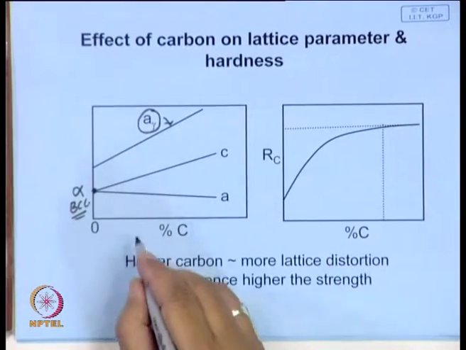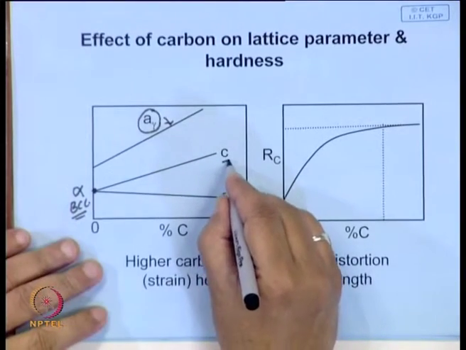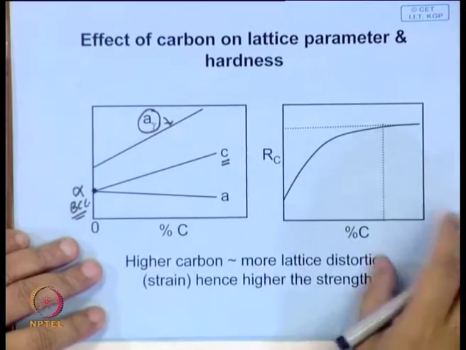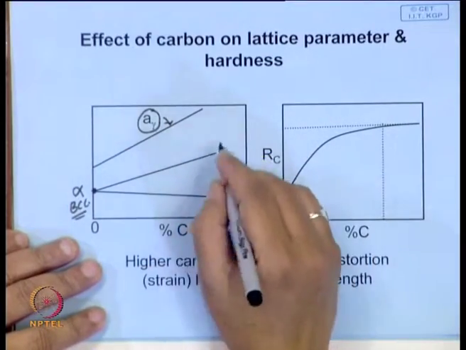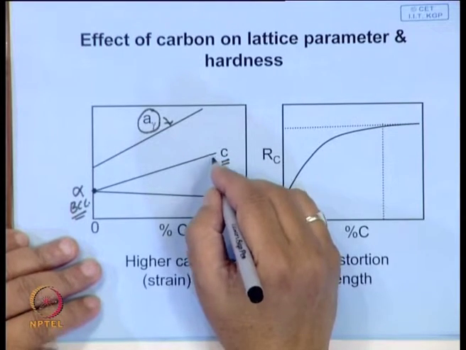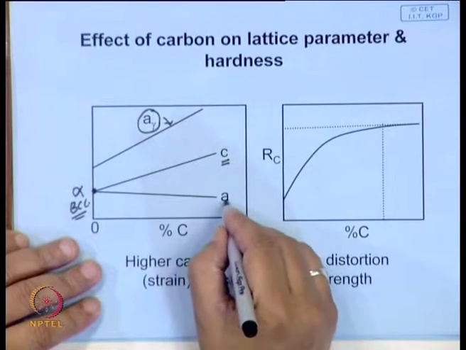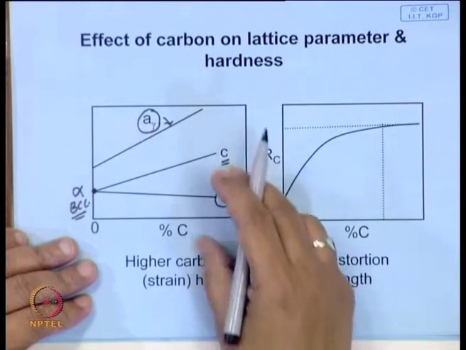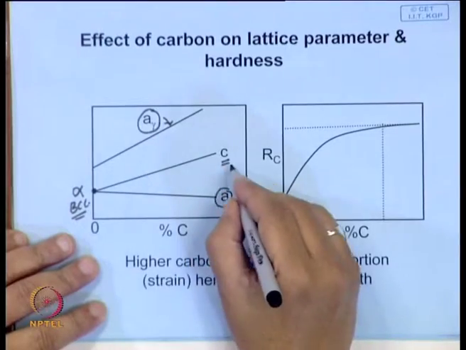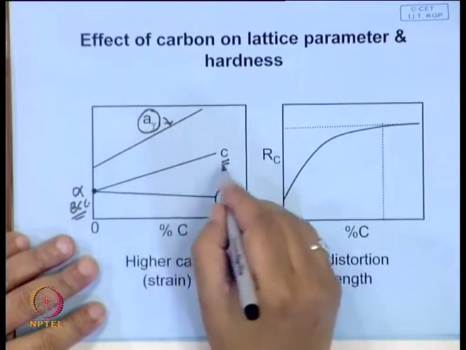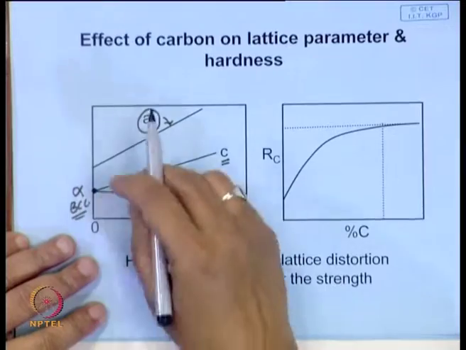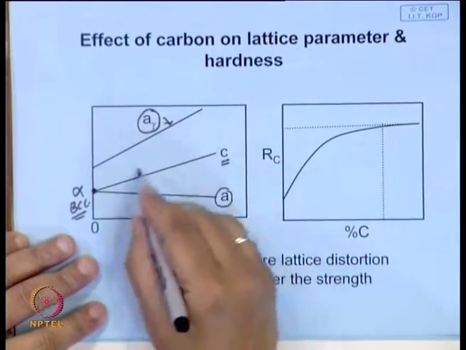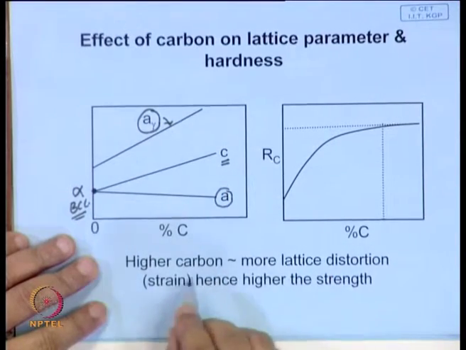Whereas as carbon content increases, the c axis increases, because although there is a contraction, that contraction is not large enough. This axis expands, but still both are not necessarily equal. Therefore the c by a ratio goes on increasing, and because of this there is a heavy lattice distortion.